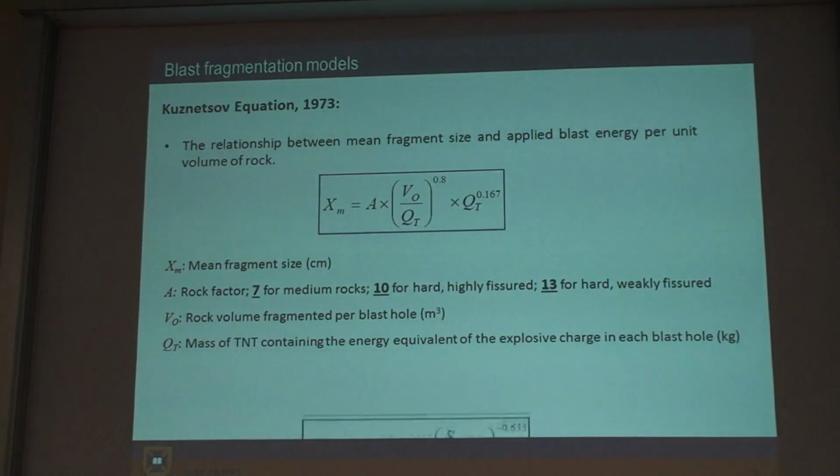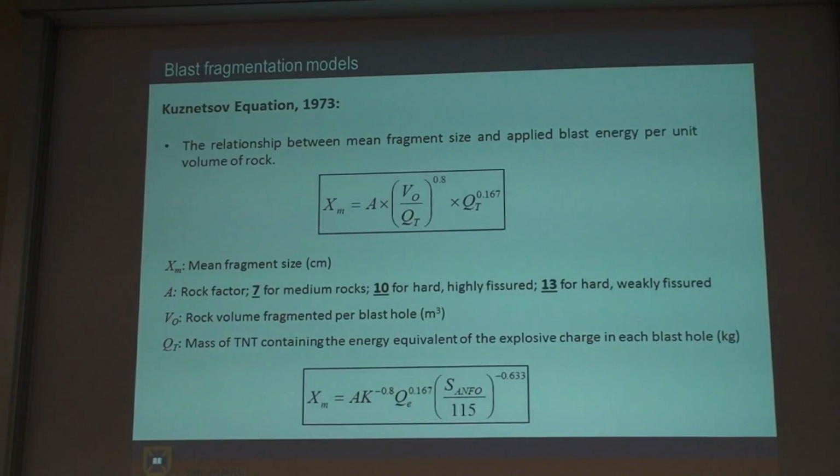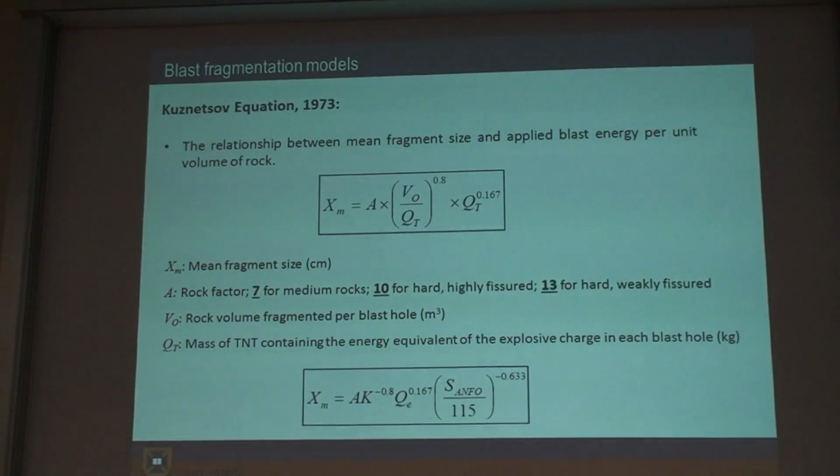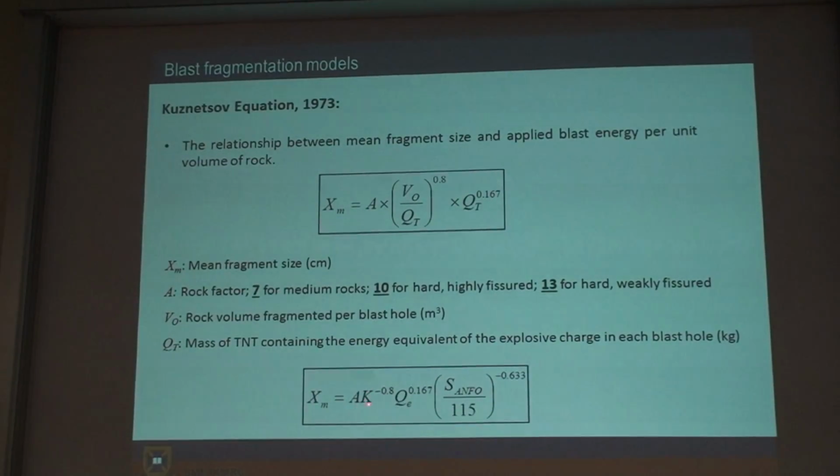If we rewrite this equation for ANFO-based explosive, as Cunningham did, we reach this equation for ANFO, where K is the powder factor, and S, the relative strength, should be 100 if we want to use ANFO. I'm going to explain more about this parameter.